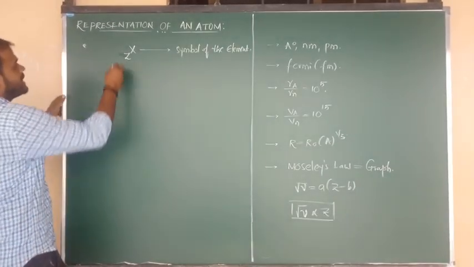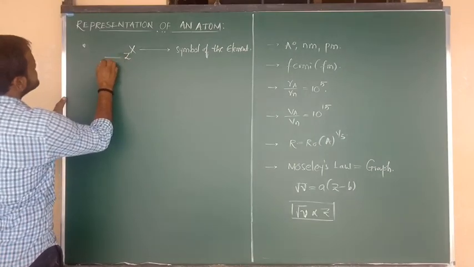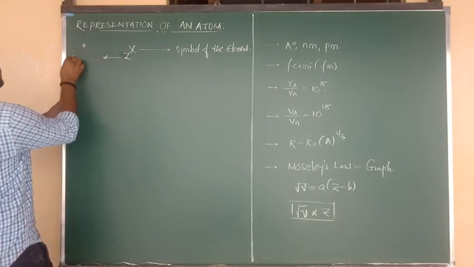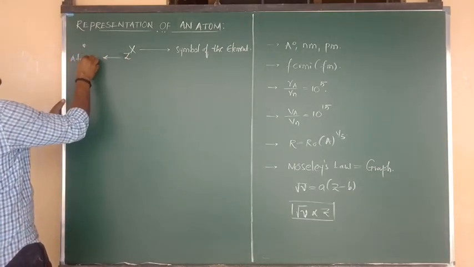What is meant by Z? The meaning of Z is the atomic number.